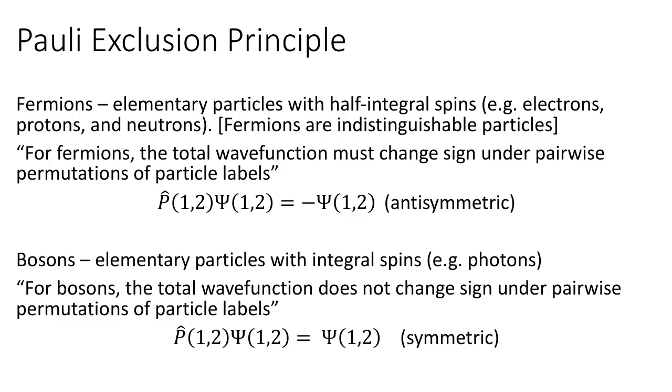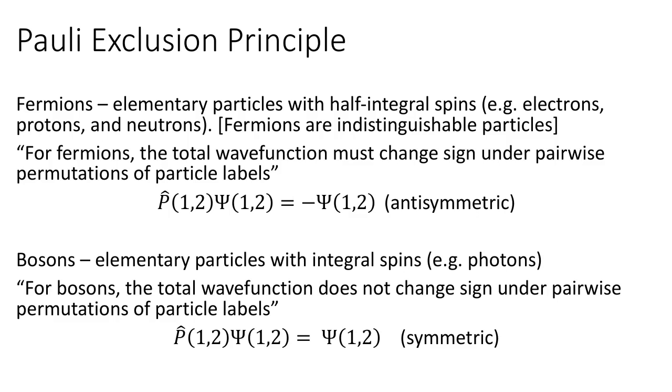So if you're reading in the book, and this is actually in chapter 10, they're indistinguishable particles. We can't put a label on one electron and just follow it around and know that that's that particular electron. Okay, so the Pauli exclusion principle states that for fermions, the total wave function has to change sign under pairwise permutation of particle labels. So if we labeled this electron 1 and this one 2, and then we switched the labels, what would happen to the wave function? It would change sign, but it would be an eigenfunction, and that's what's called antisymmetric.